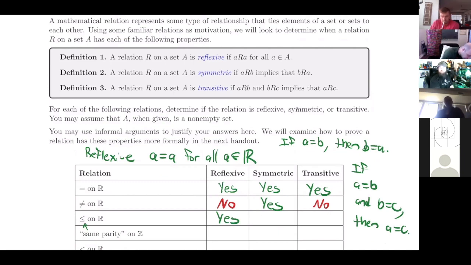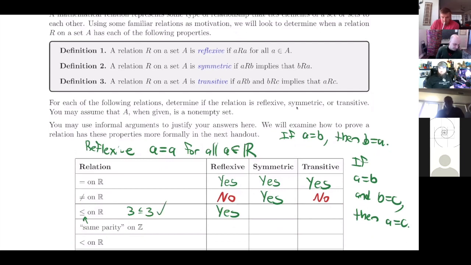So it is true, for example, that 3 is less than or equal to 3. So the reflexive property holds. The symmetric property was a little bit more split. So does anyone want to explain why you are correct that this is not symmetric? Does anyone see a counterexample for that?